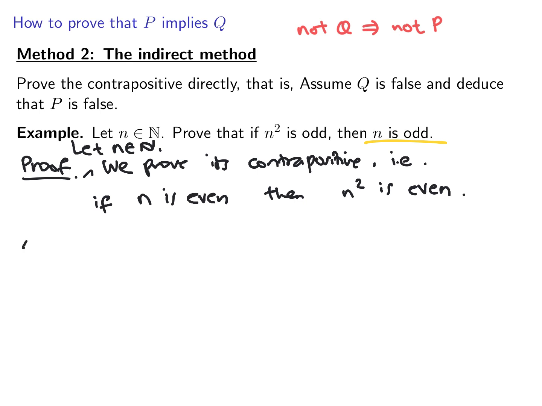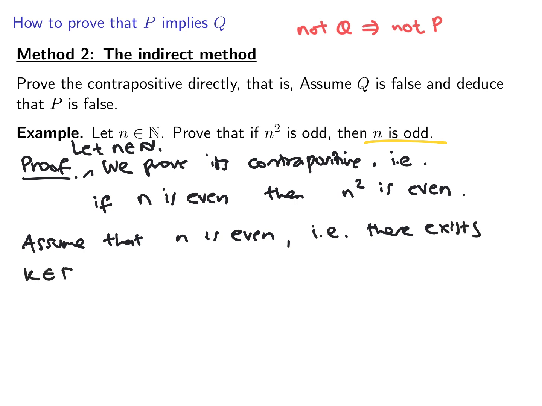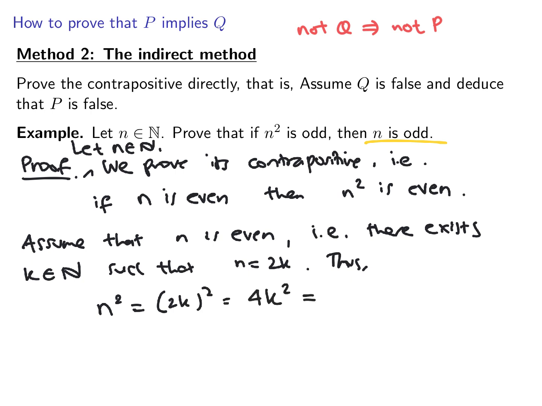So assume that n is even, i.e. there exists a natural number k such that n is a multiple of 2, n equals 2k. That's what it means by n being even, right? Thus, quite similar to the previous one, n squared is (2k) squared, which is 4k squared, which is 2 times 2k squared, right? We can also just say here another even number.